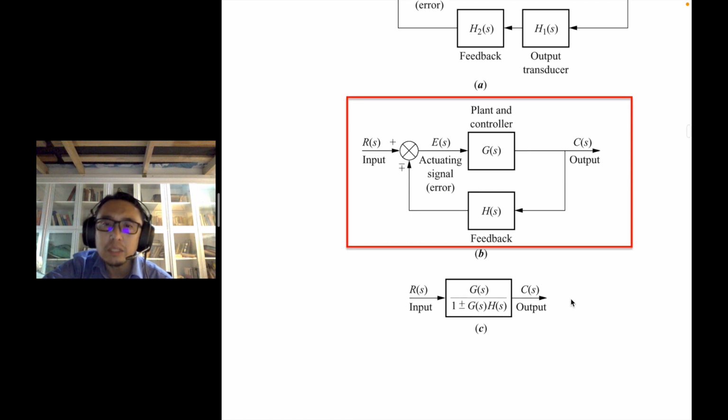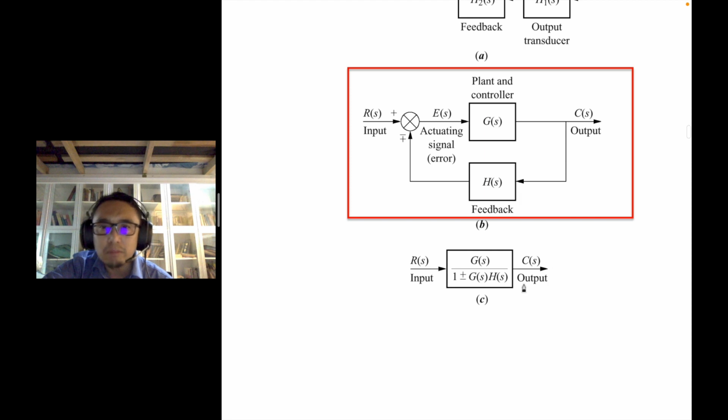So this is the feedback form. Okay, you can write the equations. You can verify that easily. So if we have a feedback form, then the output will just be the G, the forward path, G over 1 plus or minus, depending on the sign. If you have negative feedback, then it's positive here.